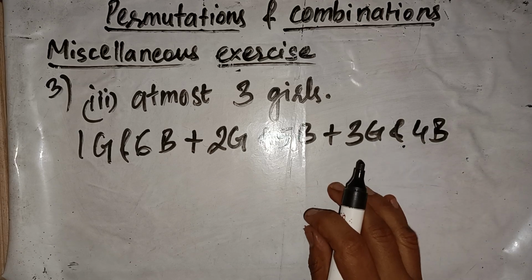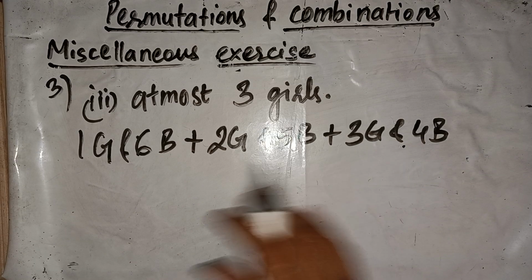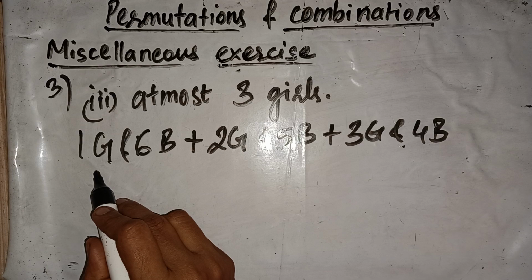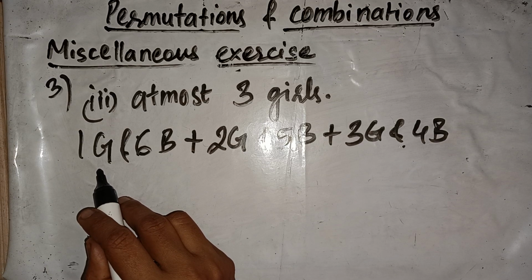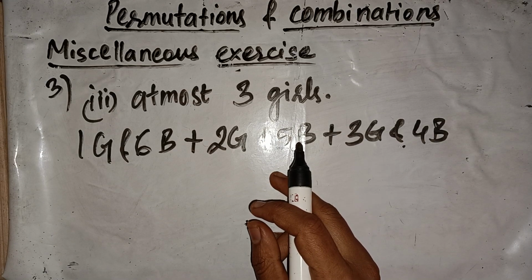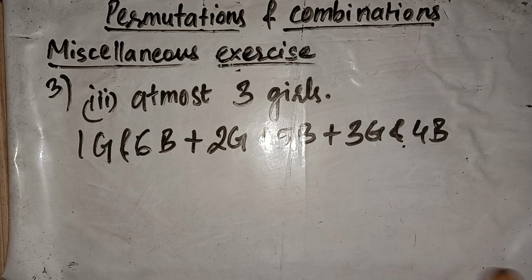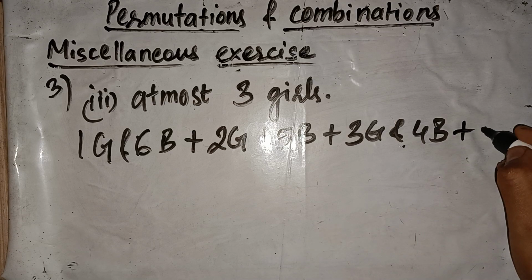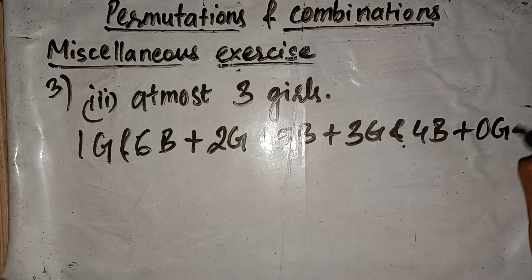Yeah, at most 3. One more possibility is also there. The total boys are 9, so we can choose all the boys, total 7 boys and no girl. Okay. So 0 girls and 7 boys.